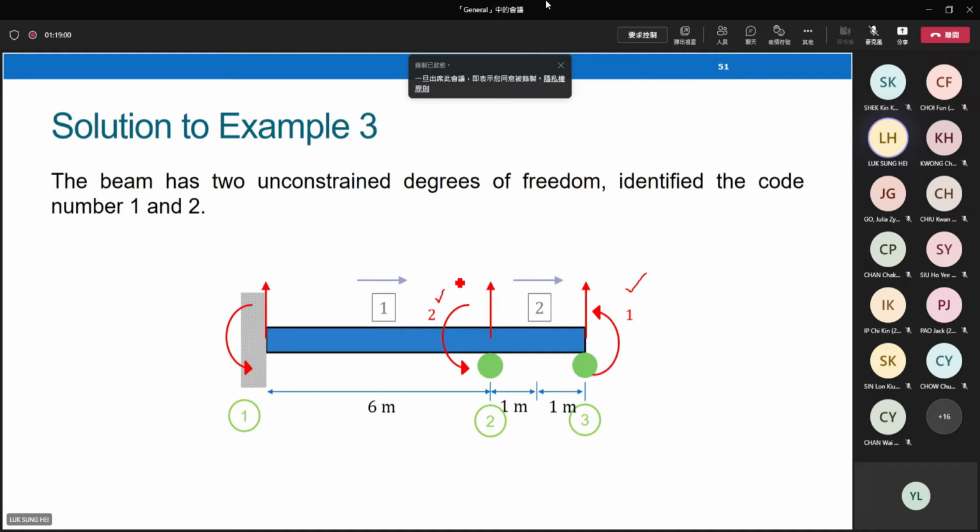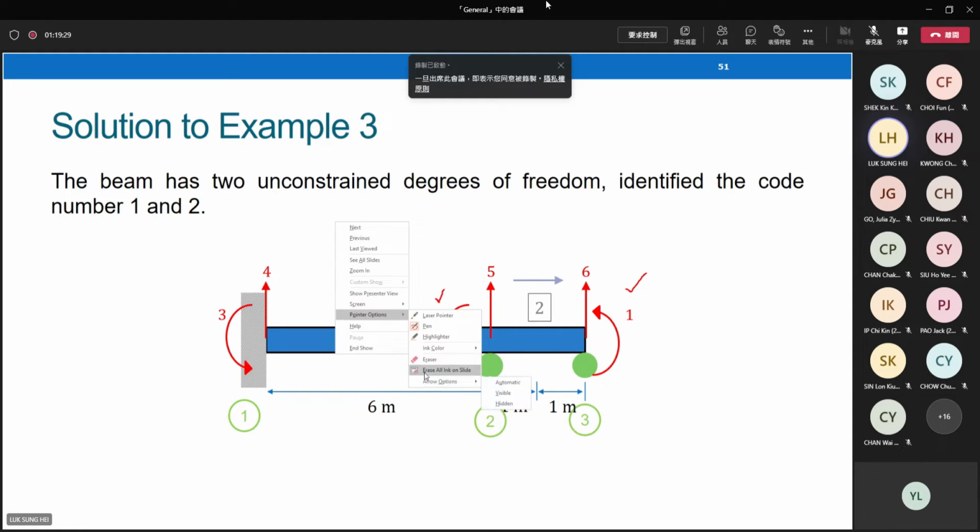And then you can assign the remaining 4 numbers arbitrarily: 3, 4, 5, 6. This is the code number diagram I would like to use in this example 3. When you work out this example yourself at home, you may reconstruct the code number diagrams to practice the skills. You should get the same answer if you follow the steps properly.